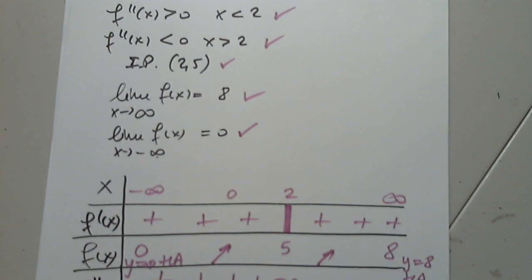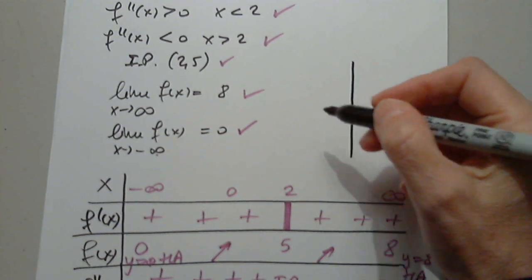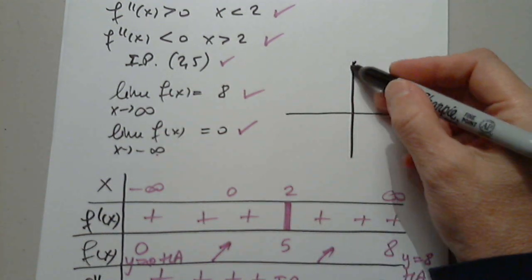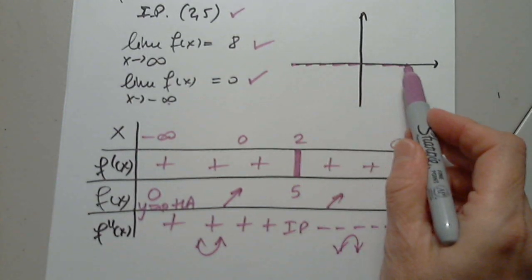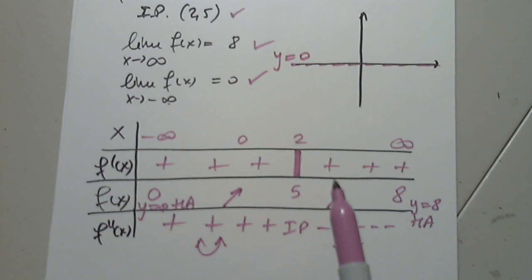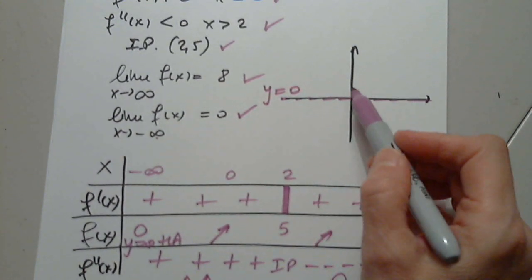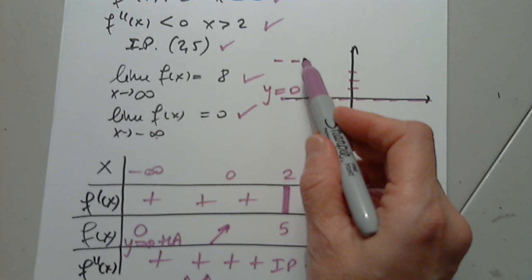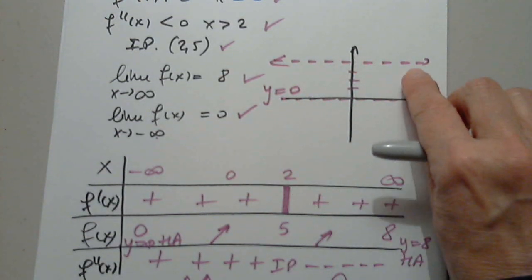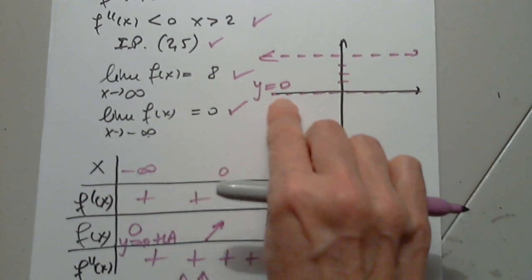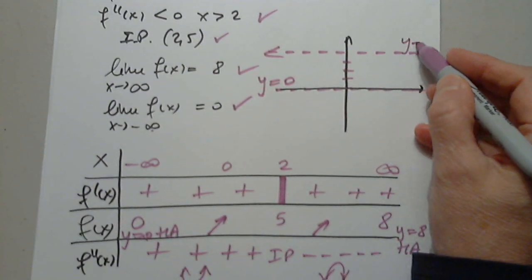So I will start by graphing the horizontal asymptotes. One is very clear. I don't have to overdo it, but you can. The other one is at 8: 2, 4, 6, 8. Remember, I cannot graph a line just this piece or just this piece. I have to graph the whole thing.